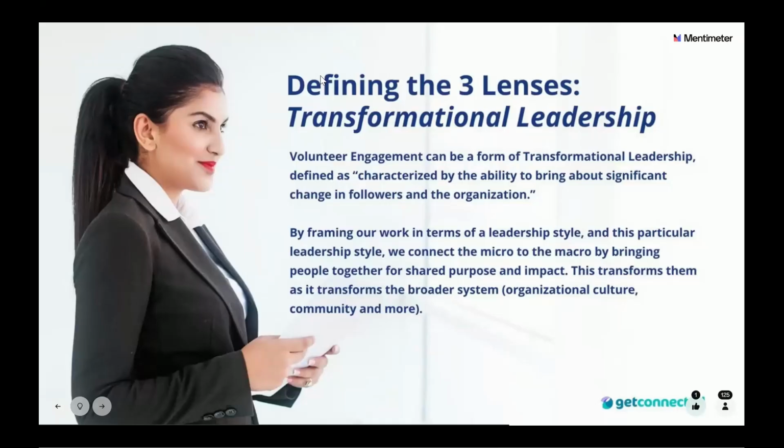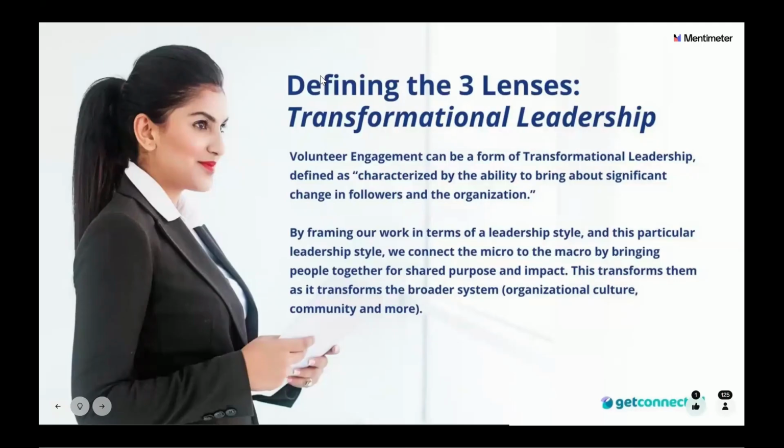To me, that's pretty darn inspiring, and when we look at our work through the lens of transformational leadership, knowing that we are affecting change, it makes it much easier for us to connect the micro to the macro, right?